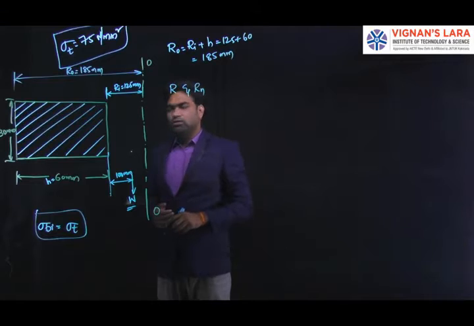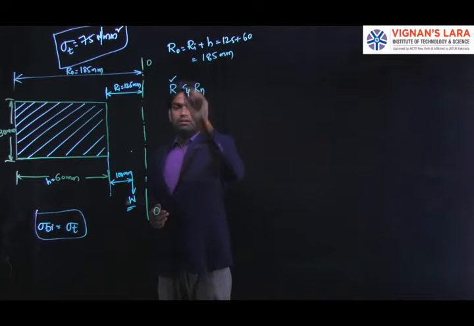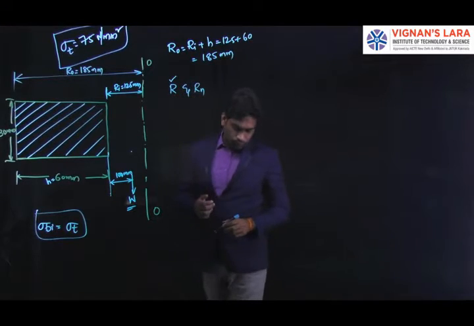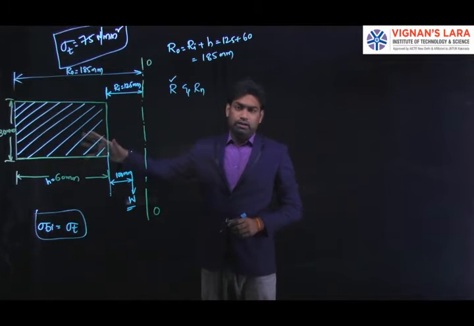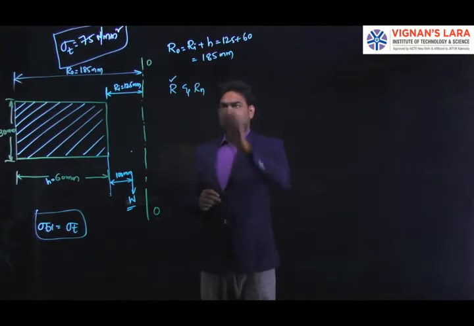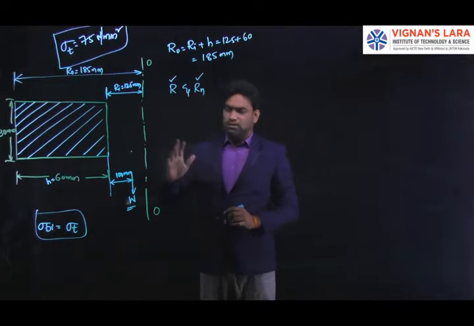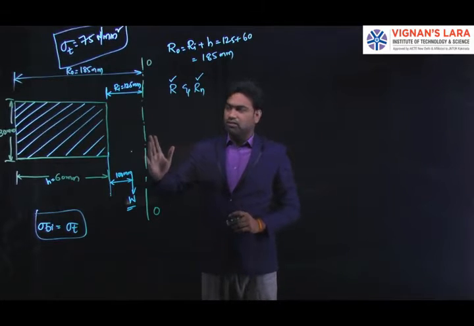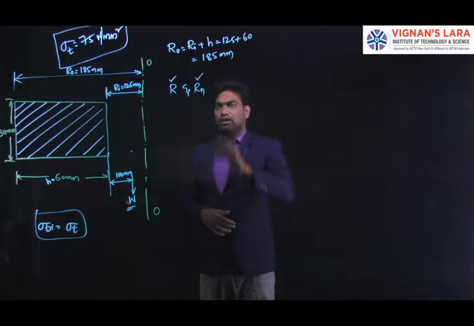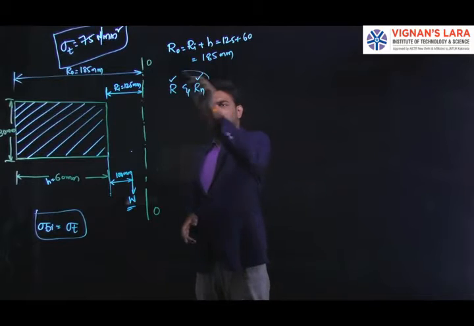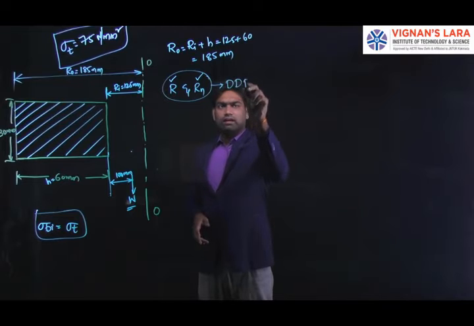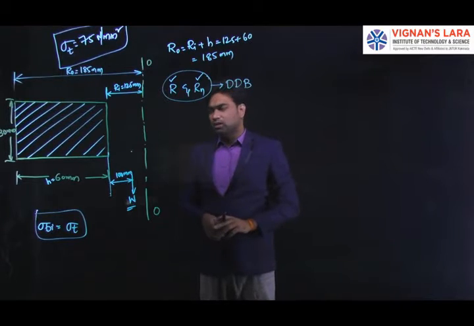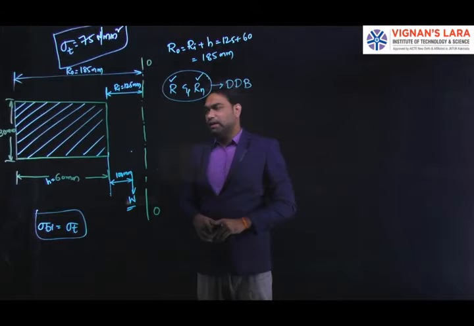So we need to find out the values of R and Rn. By calculating the value of R, we can indicate the centroidal axis in the cross section, and Rn represents the distance from the center of curvature to the neutral axis. For calculating R and Rn for this rectangular cross section, we can take the equations from the design data book.